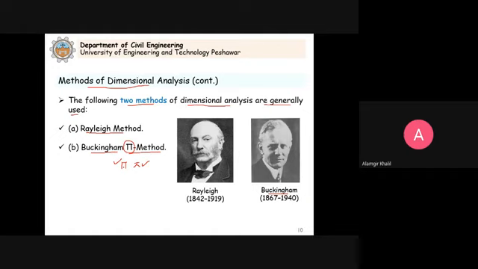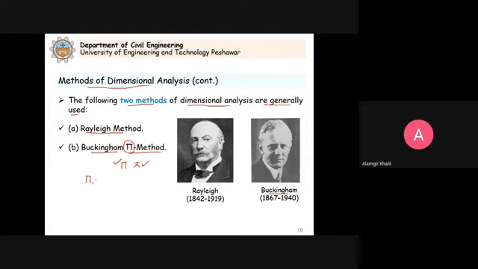The reason is that Buckingham used an uppercase pi to represent the product of variables in each group. Clear? Because in dimensional analysis we reduce the variables into dimensionless groups. Buckingham said, okay, this is one dimensionless group or product, let's say it is pi 1.